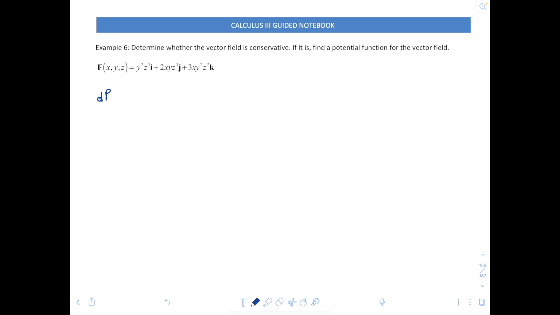Is dP/dy equal to dN/dz? Remember that for this one, M is equal to y squared z cubed, N is equal to 2xyz cubed, and P is equal to 3xy squared z squared.